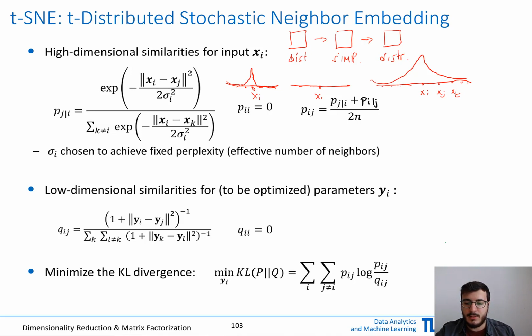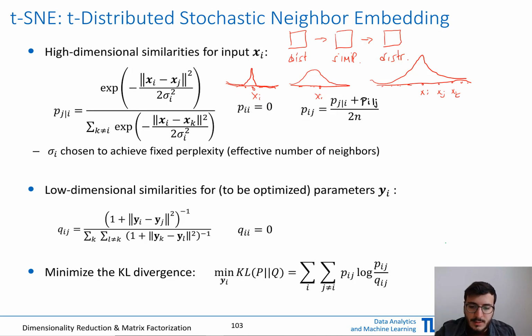If we instead use a Gaussian which is very wide, which has a large sigma, then not only these close points, but also the points that are further away will at least get some similarity. And essentially by controlling sigma, you're controlling the effective neighborhood.